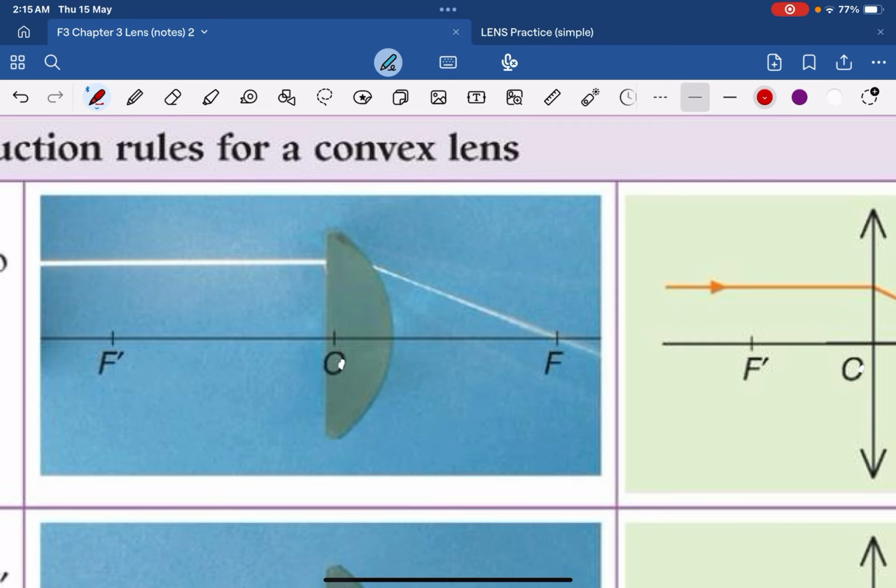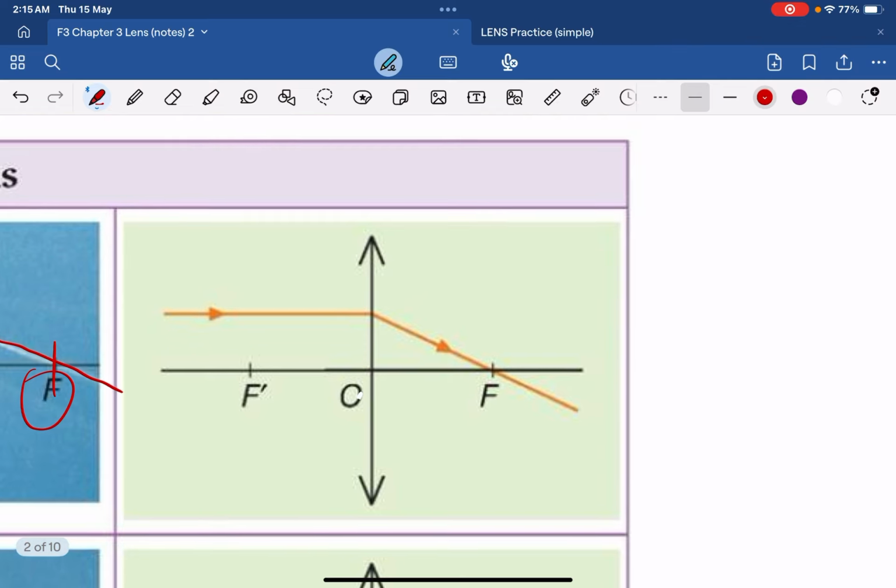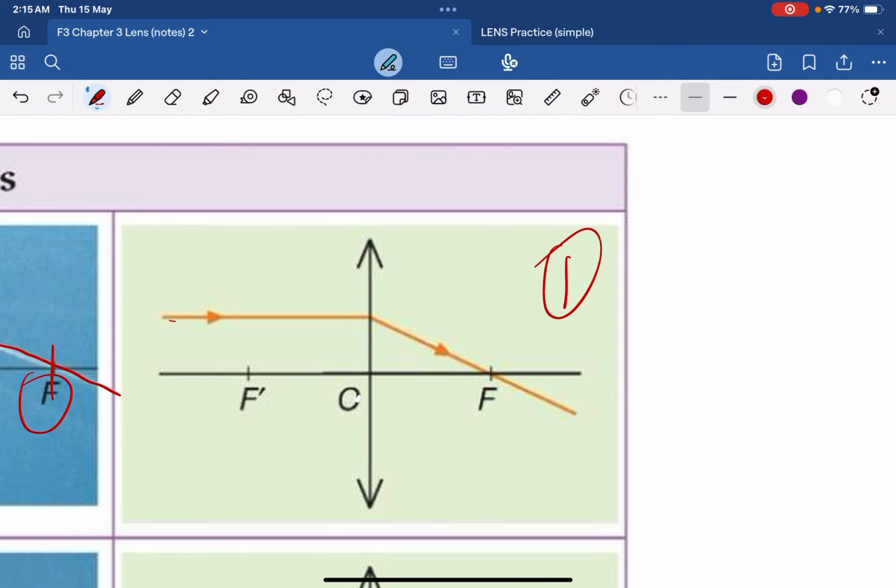You see, here, if a light ray is parallel to the principal axis, the light ray will cut through the principal axis again at the focus point. So this is rule 1. The separation between C and F is the focal length f.